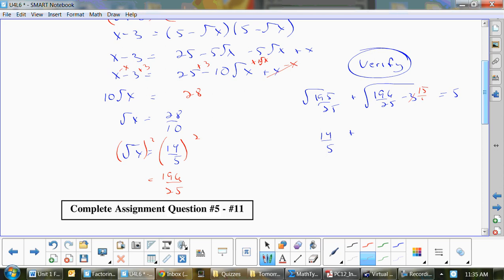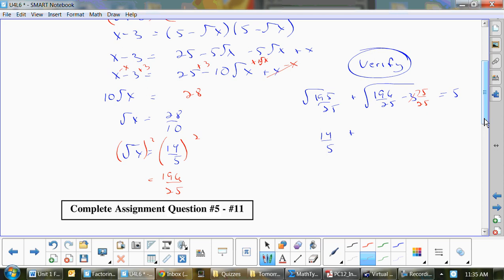Well, we don't want 15 over 5, though. I need to have this thing over 25, right? 75. 75 over 25 is the same thing as 3. So what is 196 minus 75? Anyone know? 121. That might ring a bell with some people.